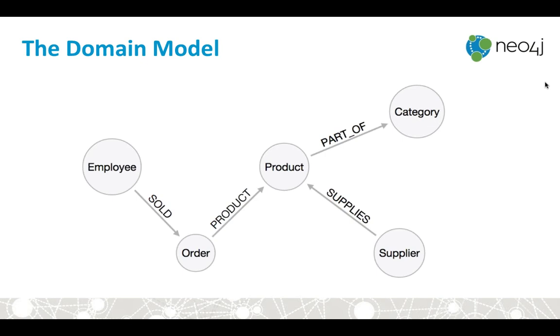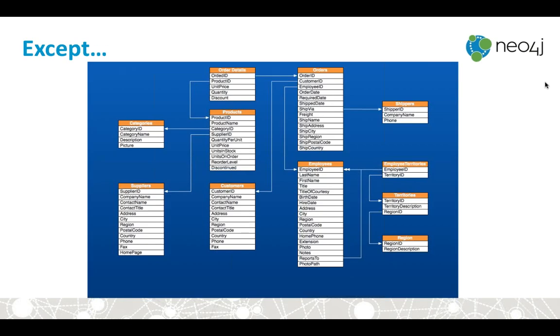So here's how we would model it on a whiteboard, or how we would model it in a graph database. We have an employee who sold an order that contains a product. That product is part of a particular category, and that product is supplied by a particular supplier. It's really easy to model this out visually in a graph.